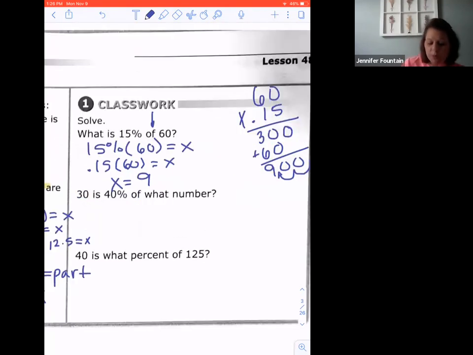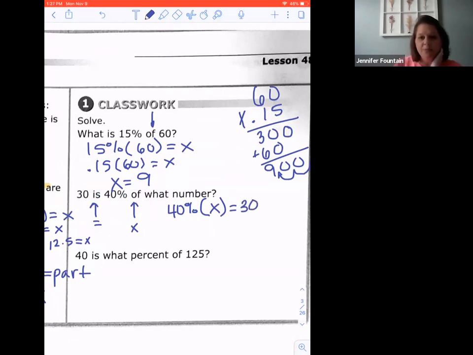30 is 40% of what number? In math, is means equals and of means times. Okay, so if I know percent times whole equals part, I can use that same formula. So percent is 40% of what number? I do not know, equals 30.